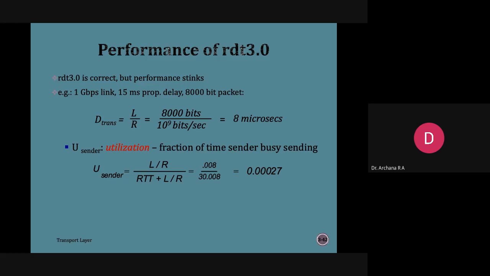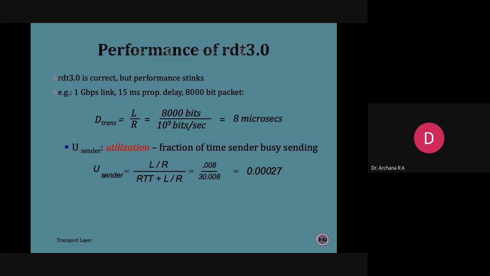So RTT is nothing but round trip time, or round trip delay. It is the amount of time it takes for a signal to be sent plus the amount of time it takes for an acknowledgement of that signal to be received.